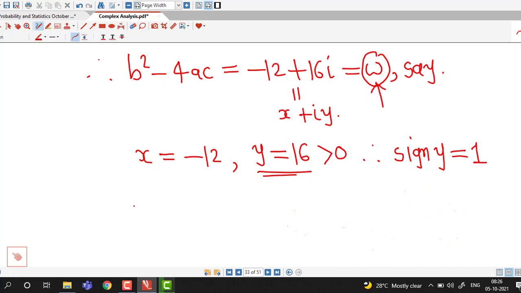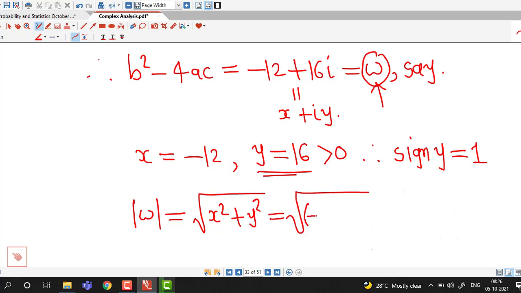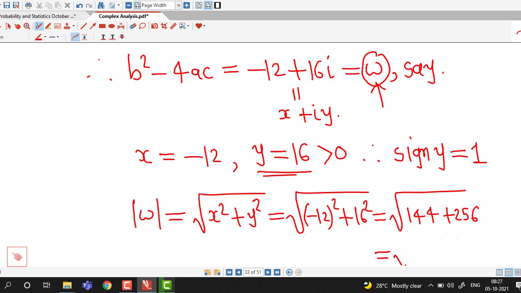So for that we consider the absolute value of w, which by definition is square root of x square plus y square. So here x is minus 12 and y is 16, so we have 144 plus 256. So this is nothing but 400.